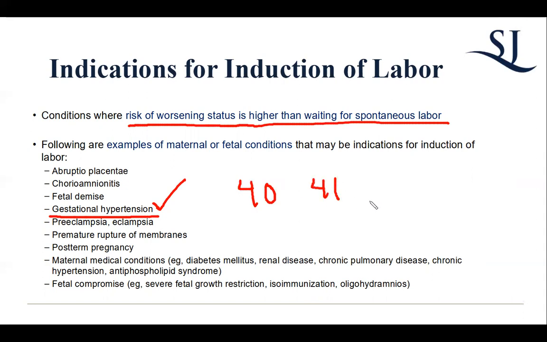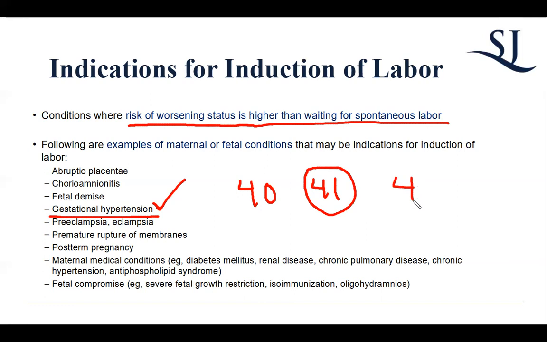So if you're 41 weeks, you're now in a late term pregnancy. And we're going to get into different reasons why it's not desirable to let a fetus go beyond, but there's an increase in complications. So if you're 41 weeks and you haven't gone into spontaneous labor, we're saying that the fetal risk and also maternal risk is higher. So we want to get that started.